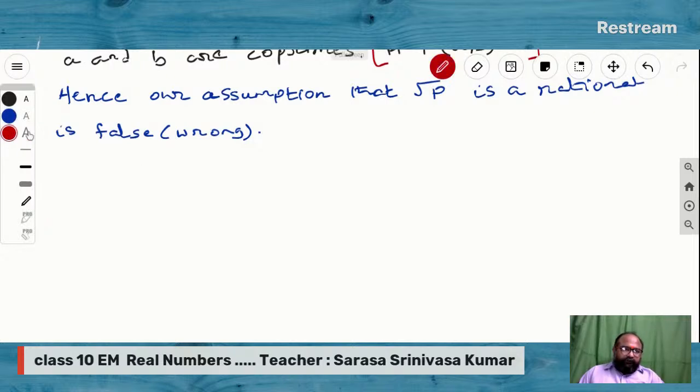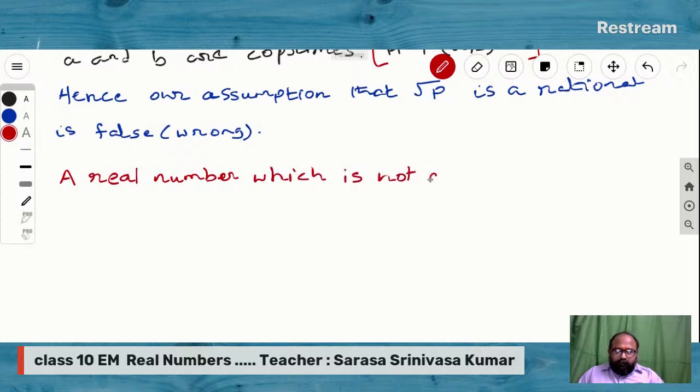Now we write the definition of irrational number. A real number which is not a rational number is called an irrational number.